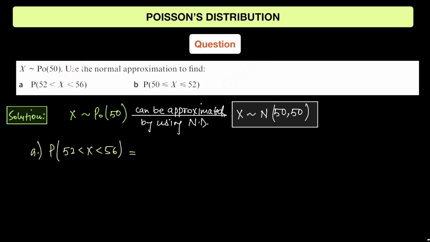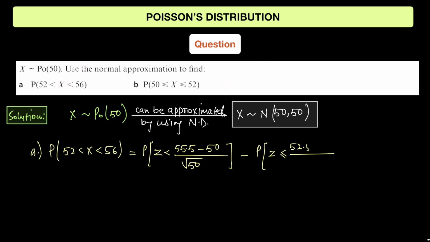So let's proceed further. We will find the probability of Z with continuity correction, and this becomes (55.5 minus 50), the complete expression divided by root 50, minus the probability of Z being less than or equal to (52.5 minus 50), the complete expression divided by root 50.